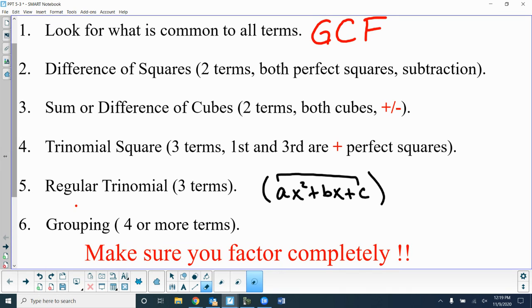Some people don't know what kind it is, or when to do what. So that's why I go through this order every time. Then I know what to do. If I eliminate that, then I know I go to the next thing. If that's eliminated, I just keep going down. If it is one of those, I stop and I do that. Okay?